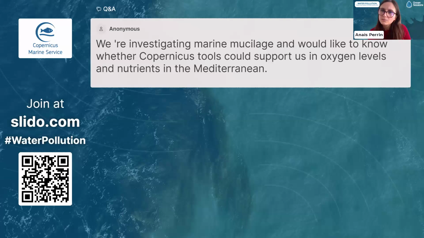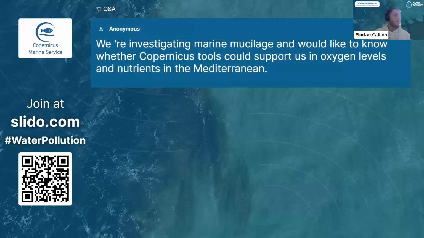So for the first question, someone said, we're investigating marine mucilage and would like to know whether Copernicus tools could support us with oxygen levels and nutrients in the Mediterranean. You can search for your product or data of interest directly in the catalog or ask Blue.